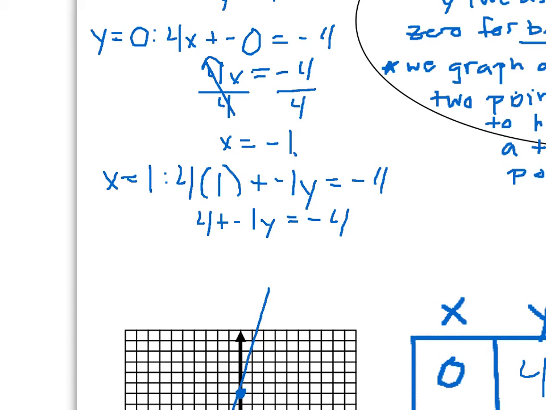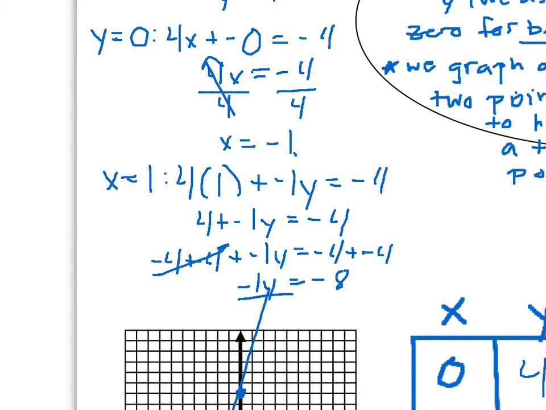Yep, add -4 to both sides. -4 plus 4 gives me -1y is equal to -8. Last step, make sure that you divide by that -1. Gives you y equals +8.